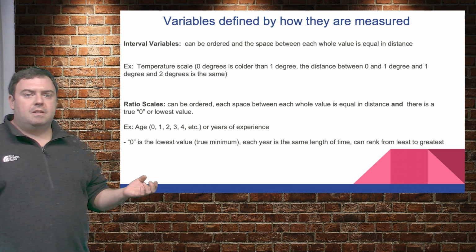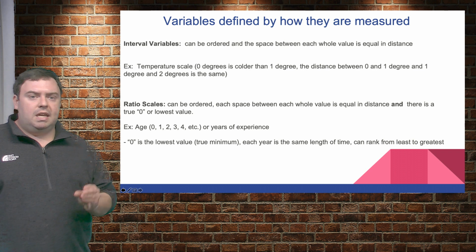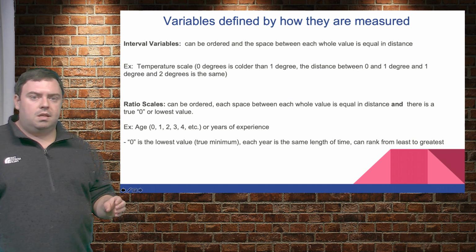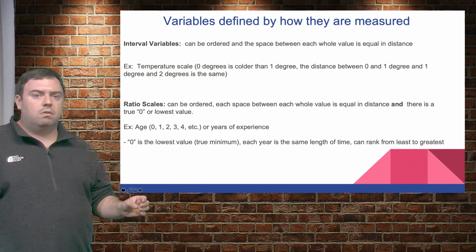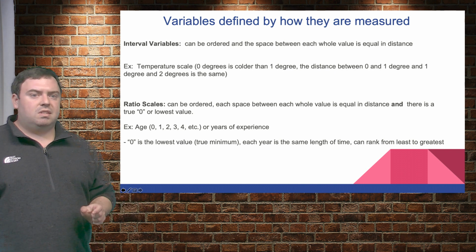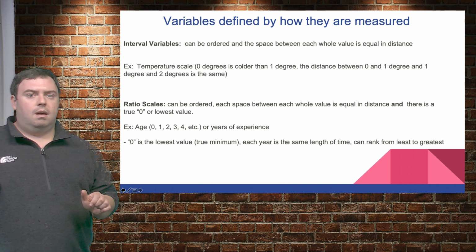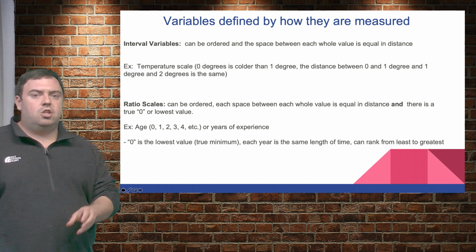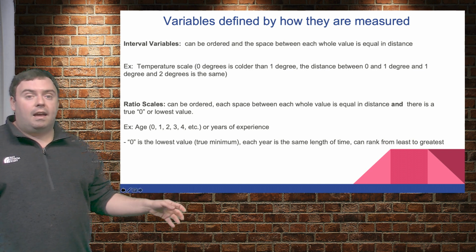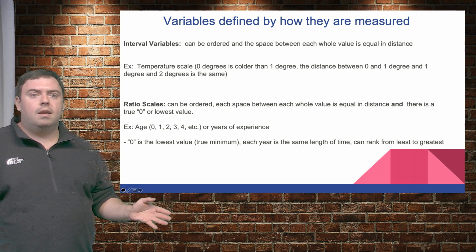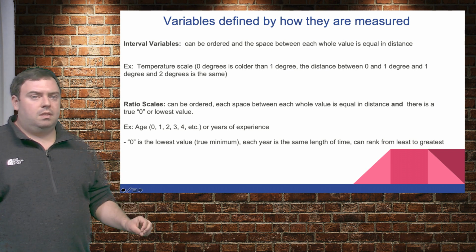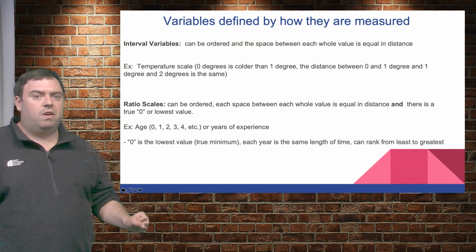But the space between each temperature point from 0 to 1 degrees or 1 degree to 2 degrees is the same. It's the same value between 0 degrees to 1 degree, from 1 degree to 2 degrees, and 2 degrees to 3 degrees. So each spot on that line, if you plot it as a number line, has equal value, an equal interval between each value.